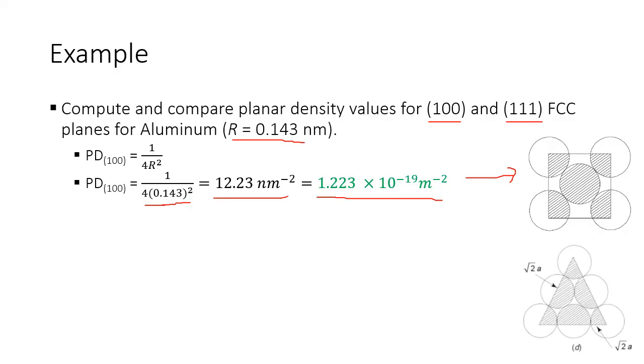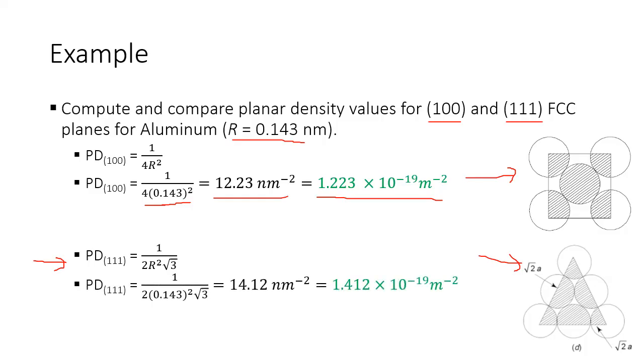Similarly, this is the atomic arrangement in the 111 plane, and we have already seen this. This is the formula for planar density on the 111 plane, and again substitute the value of r into the denominator of this formula, and you will get the answer as 1.412 into 10 raised to 19 meter squared inverse and 14.12 nanometer squared inverse. Okay.